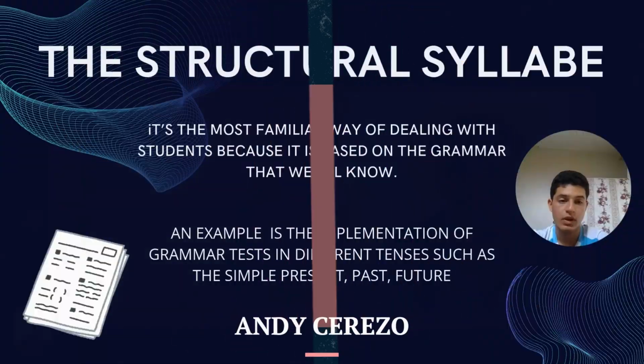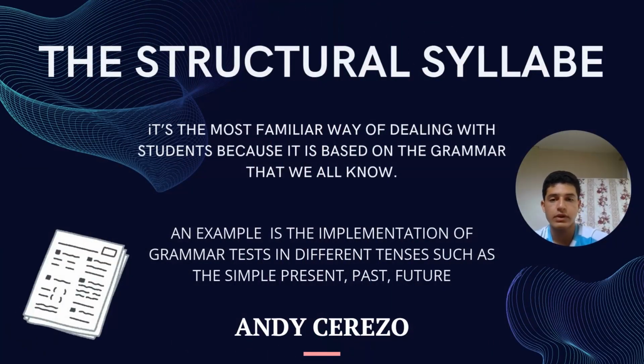The structural syllabus is the most familiar way of dealing with the student because it's the base of the grammar that we know. In this group we have the simple present, the past simple, the future, the present progressive, all these sentences.